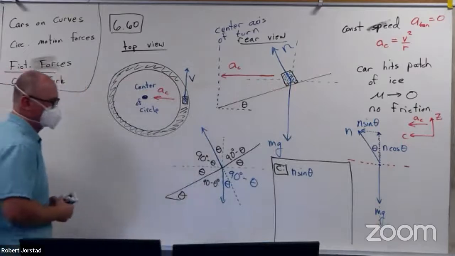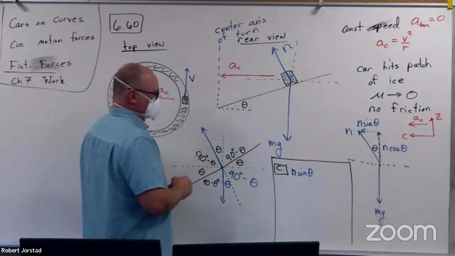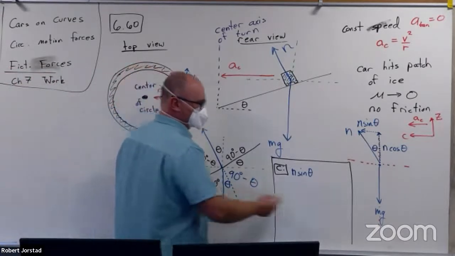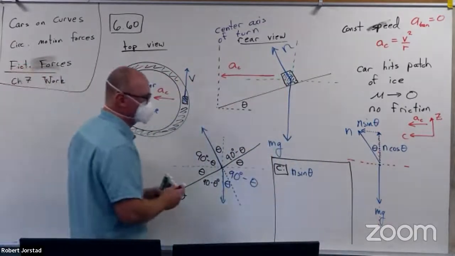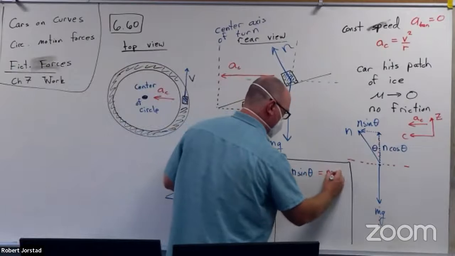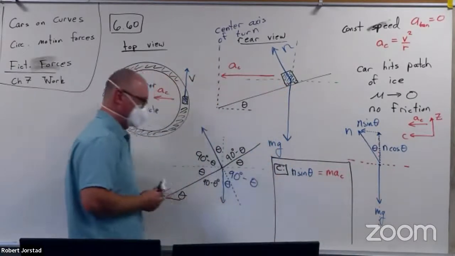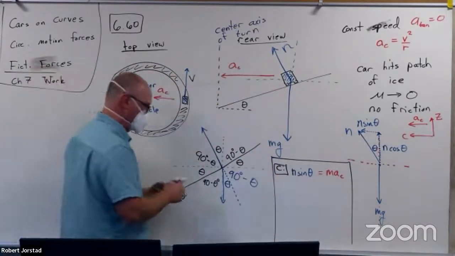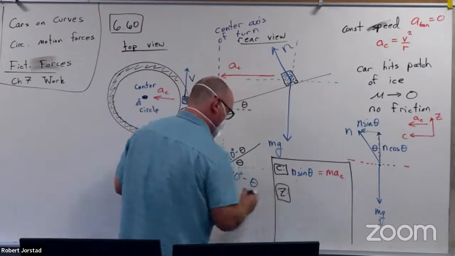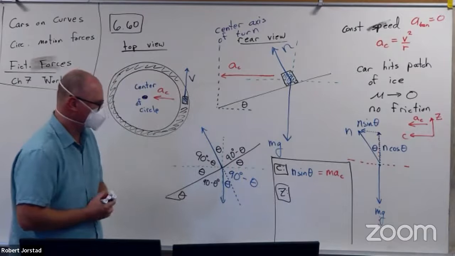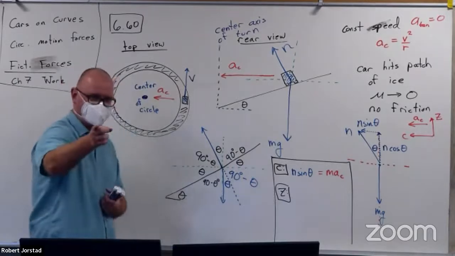All right. Are there any other forces in the centripetal direction? No. So this all equals m a_c. All right. And then in the Z direction, what do we get? Maybe somebody new. You want to give it a shot?